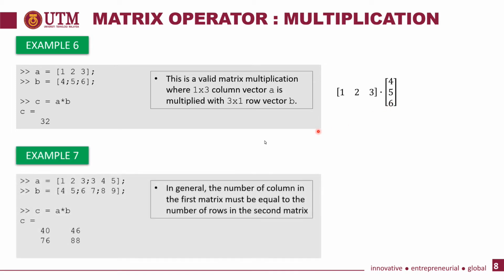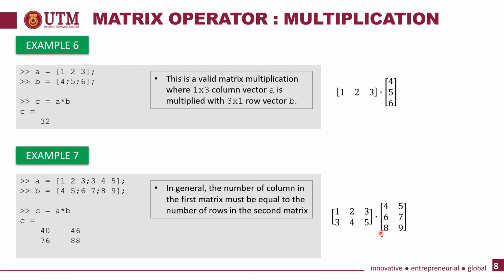In example 7, you see that in general, the number of columns in the first matrix must be equal to the number of rows in the second matrix. So this is a 2 by 3 matrix and this is a 3 by 2 matrix. The number of columns here is 3, and the number of rows in the second matrix is also 3.